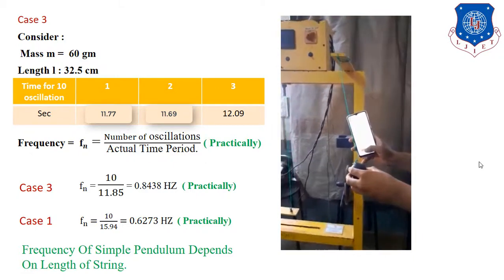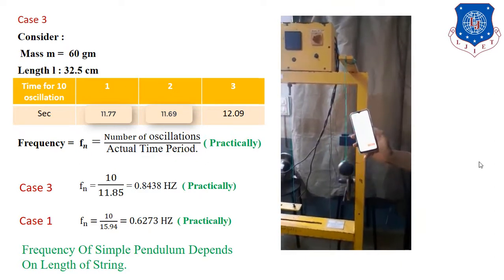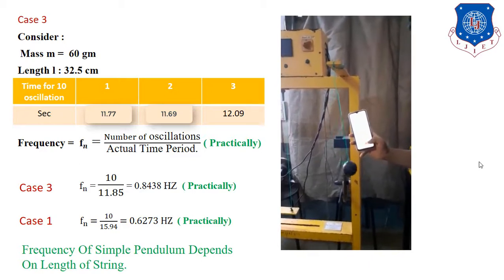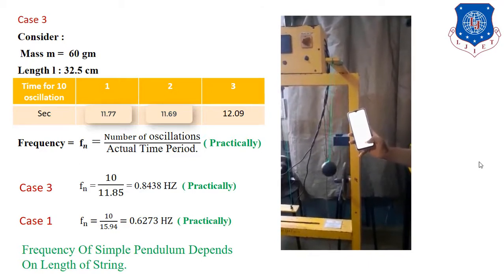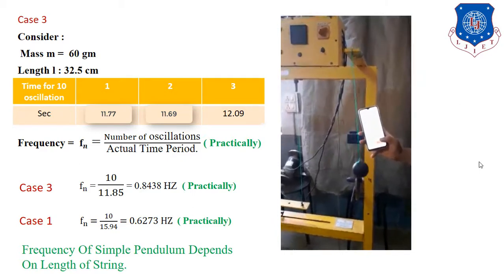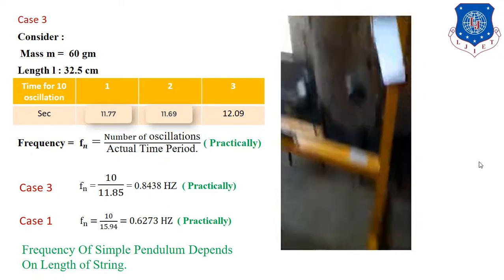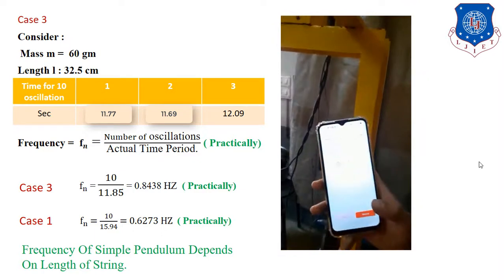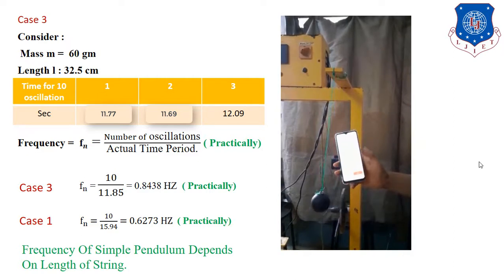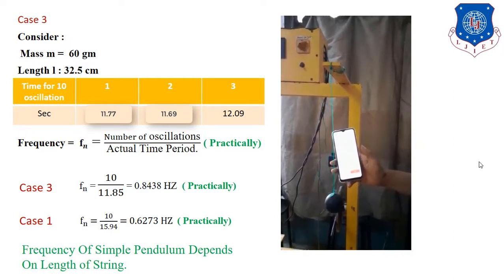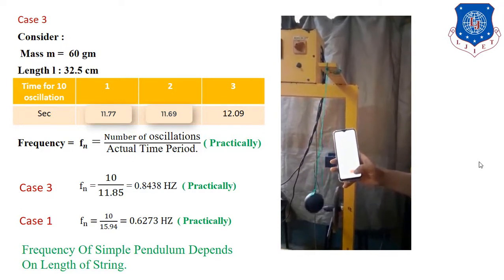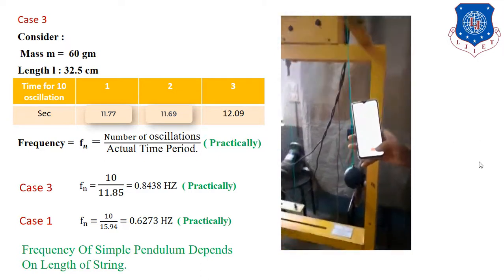Then we measure the time for the 10 oscillations. Here we get the readings. We follow the same process and measure the time for the 10 oscillations.